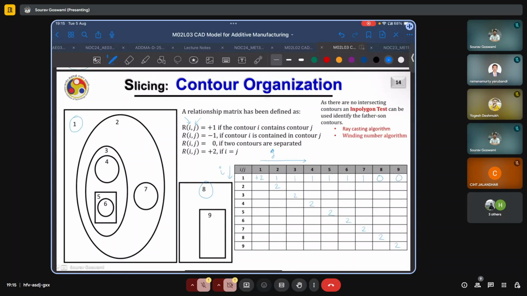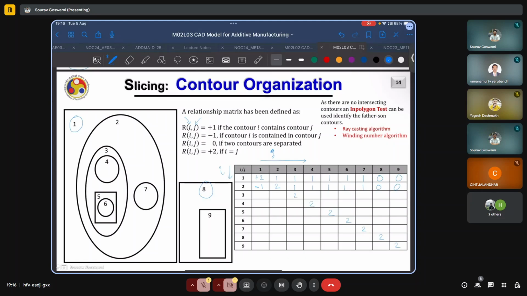Now I equal to 2. 2 does not contain contour 1, however, it is contained within contour 1. So this value is minus 1. 2 and 2 are same. Contour 2 contains contour 3, so again plus 1. Contains contour 4, 5, and 6. It also contains contour 7, however, 8 and 9 are unrelated.